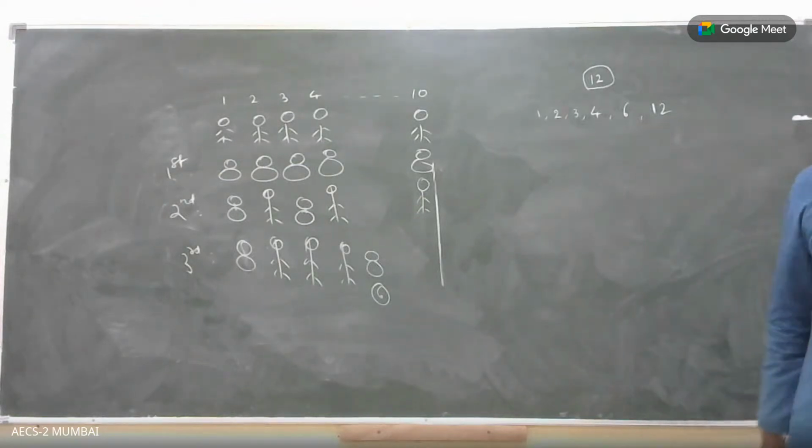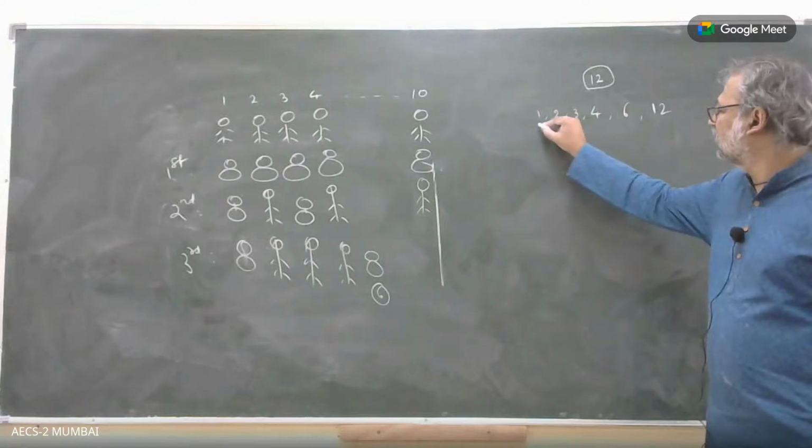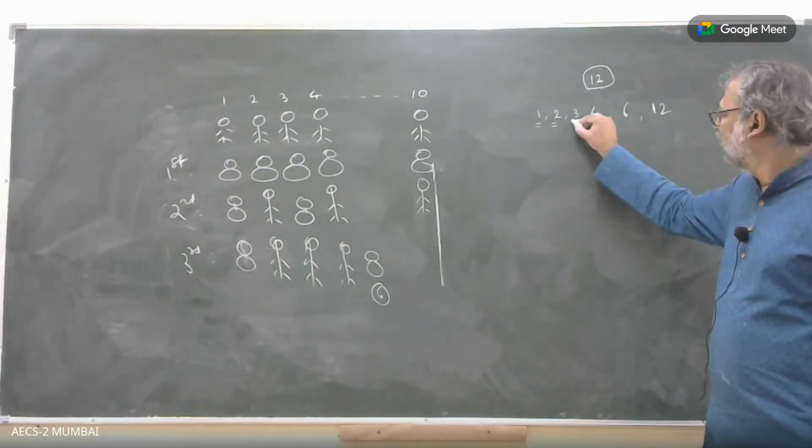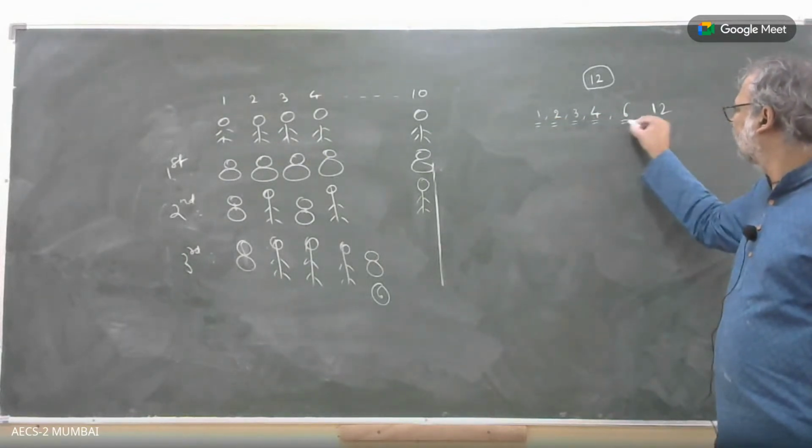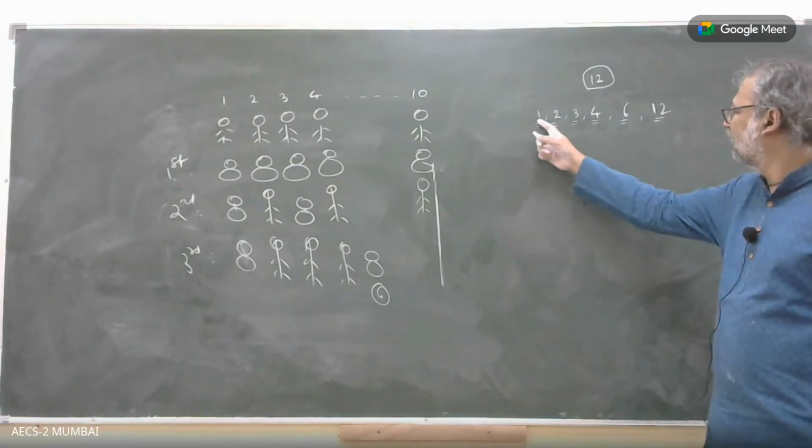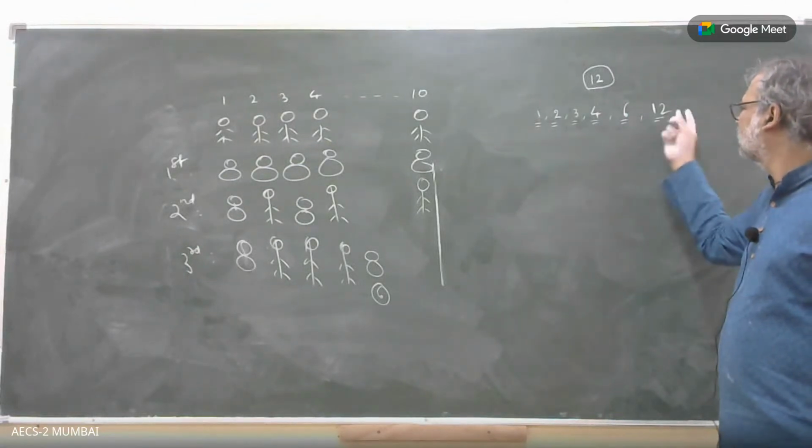All of you agree? So how many times does 12 change position? As many times as its number of divisors, right? How many divisors are there? 1, 2, 3, 4, 5, 6.